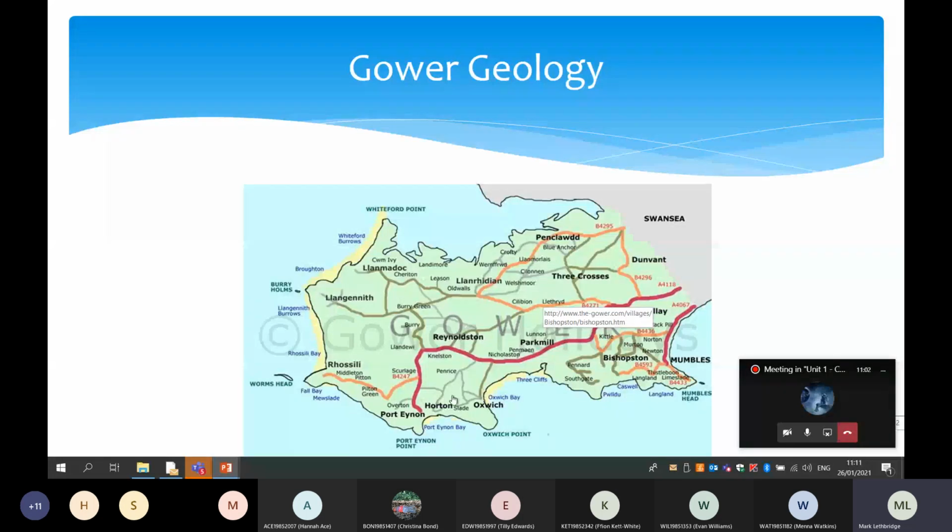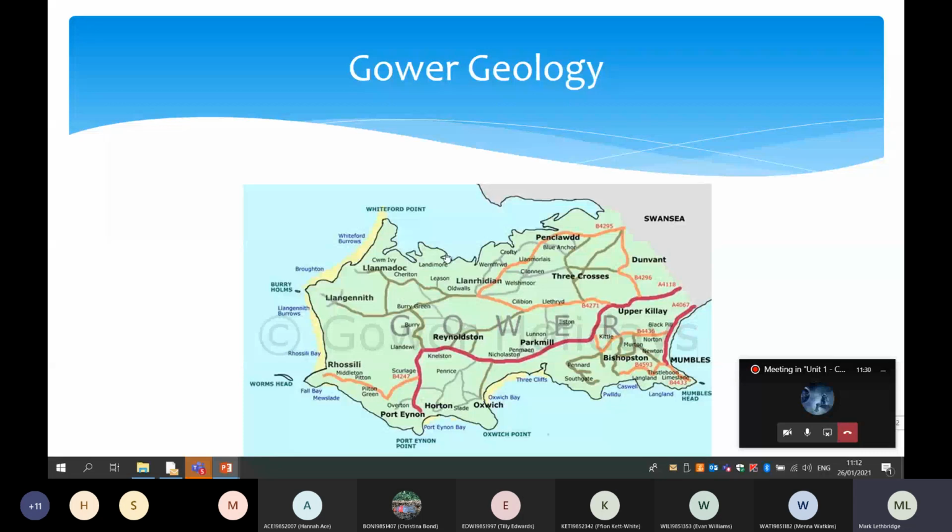You have Port Eynon Point, Oxwich Point, the cliffs at Pennard, and Mumbles Head as big outcropping headlands. And in between them, you have Port Eynon Bay, Oxwich and Three Cliffs Bays. You have Caswell and Langland, and then Swansea Bay itself as these big bays between the headlands.